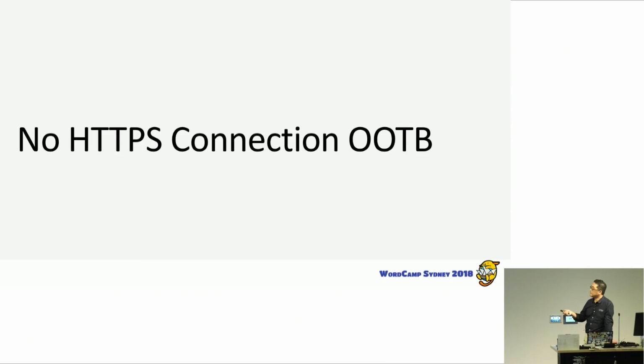As I said, the official WordPress image doesn't support HTTPS connection by default, right? So in this case, we have to enable the HTTPS connection by modifying or customizing the official WordPress image.